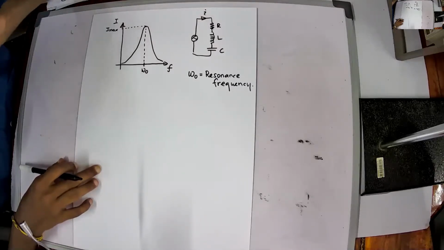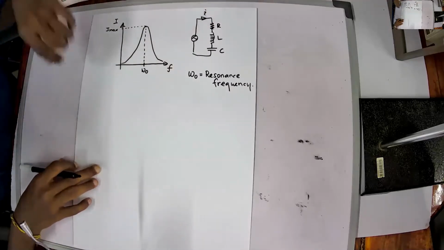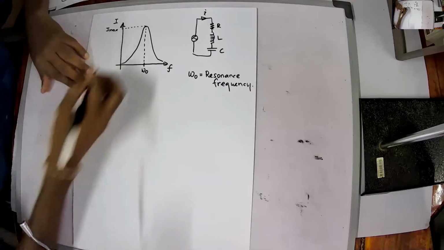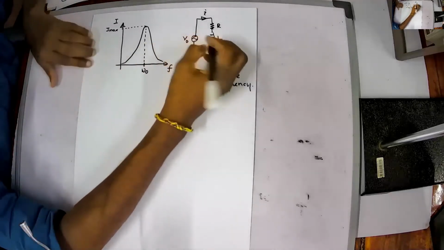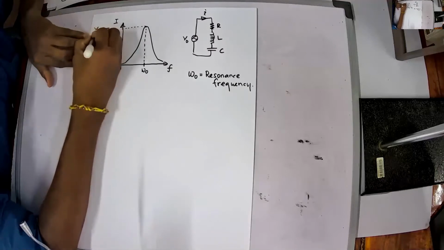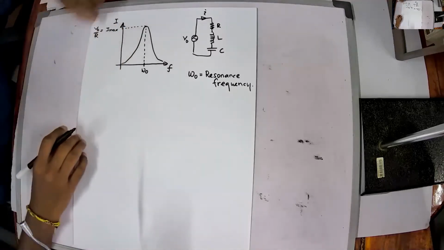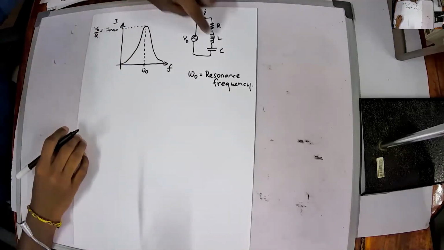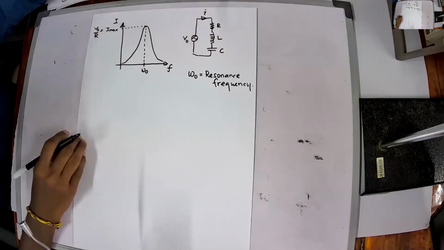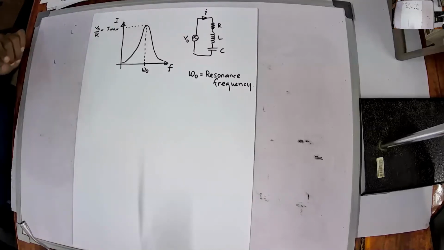So effectively at omega naught, you will have the resistance value only. If you take it as V naught, you can put I naught as V naught over R. So the maximum current will be this, because the imaginary part, 1 over j omega C plus j omega L, is 0.